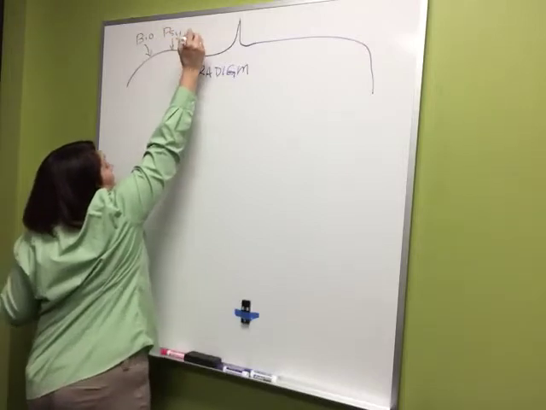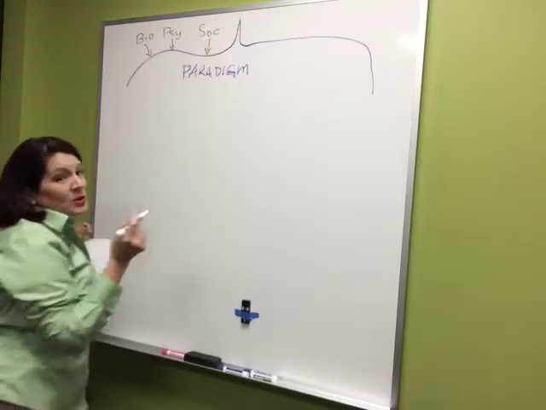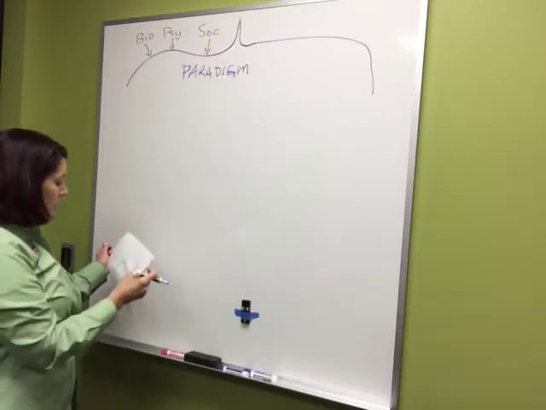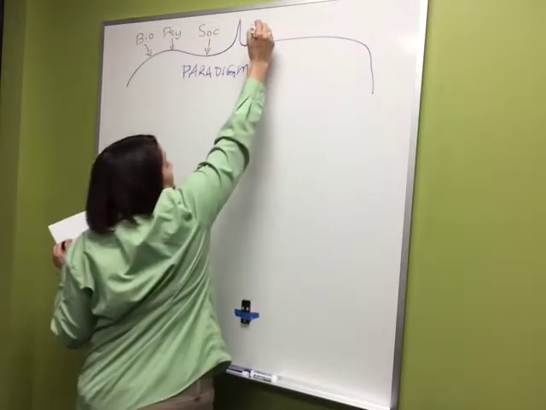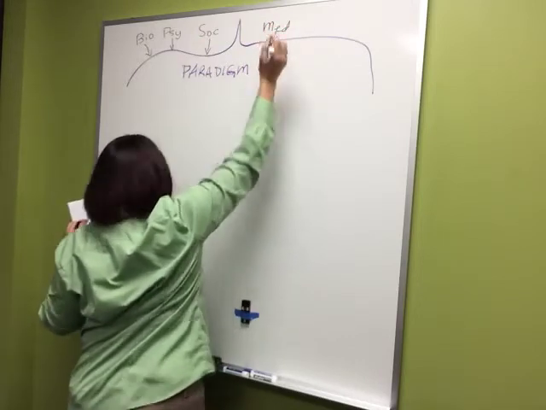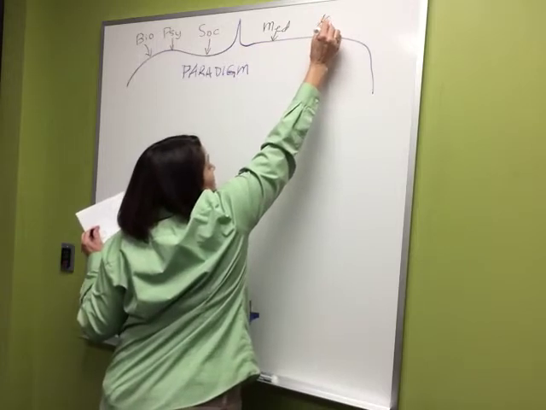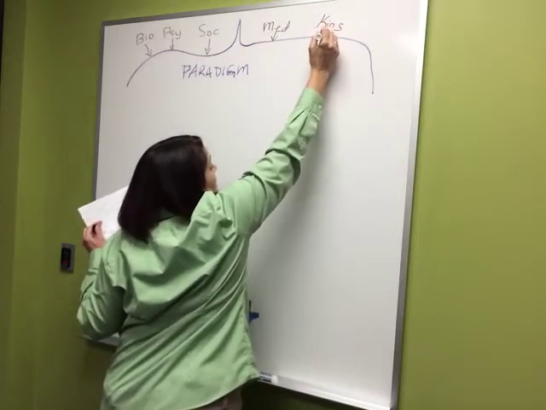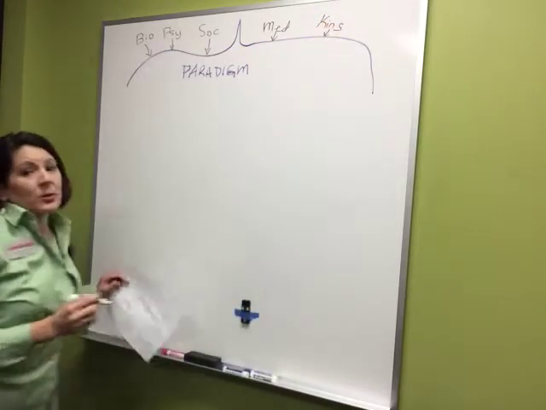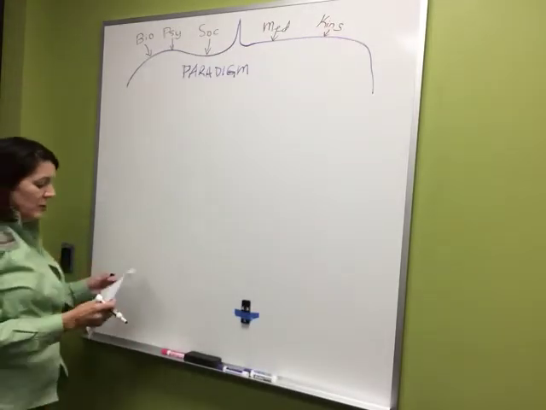You also had some soc. All those concepts go into the concept of occupational therapy. We also have the idea of medicine, and the idea of kinesiology, how people move.